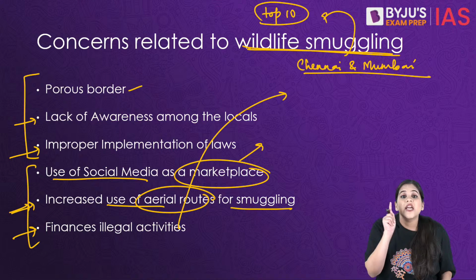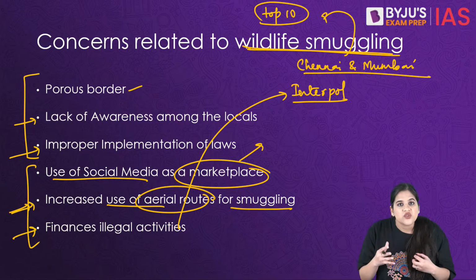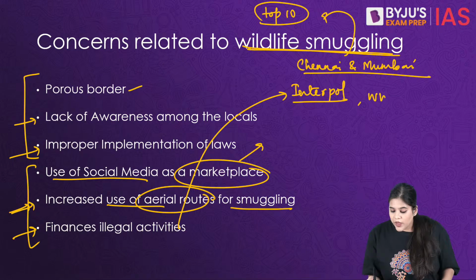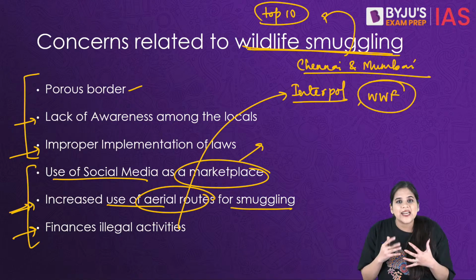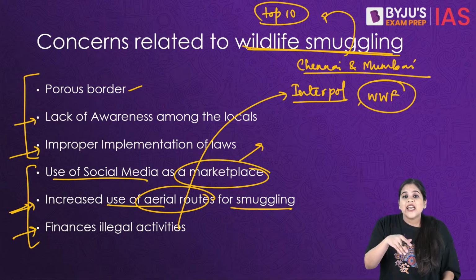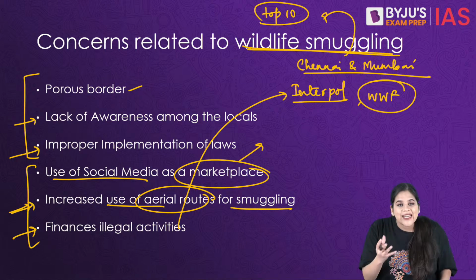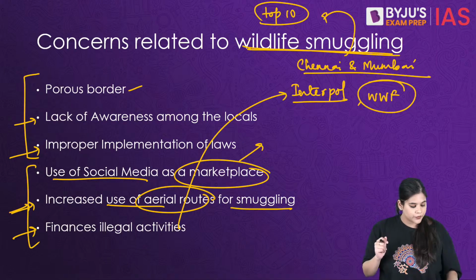It is given by Interpol, an international agency for tackling organized crime. Even WWF has reiterated the same fact, that this is the fourth biggest transnational organized crime, and it finances a lot of other non-state or anti-state activities.